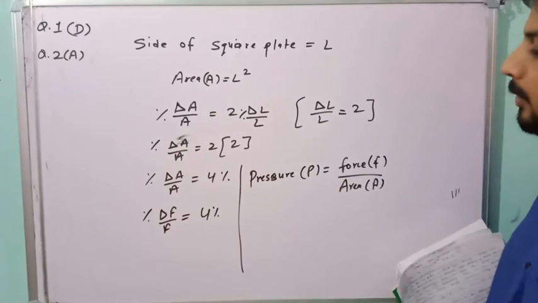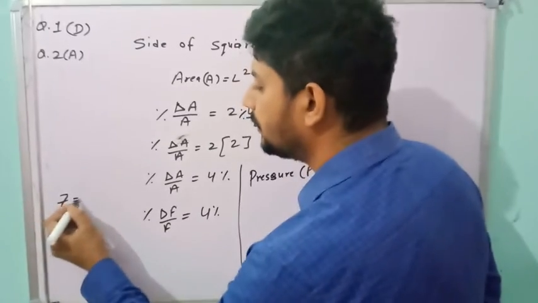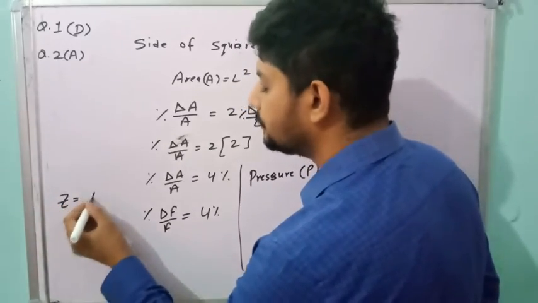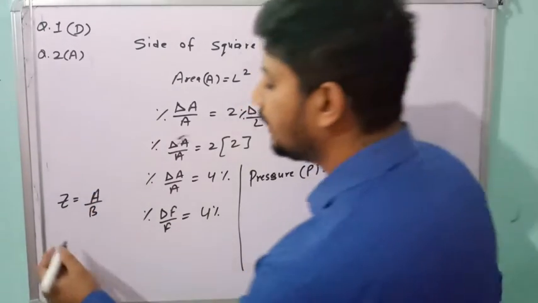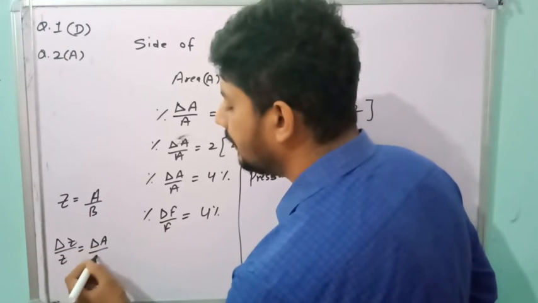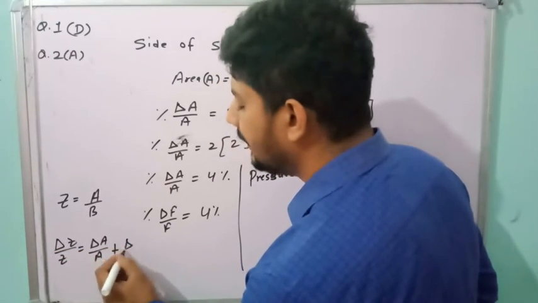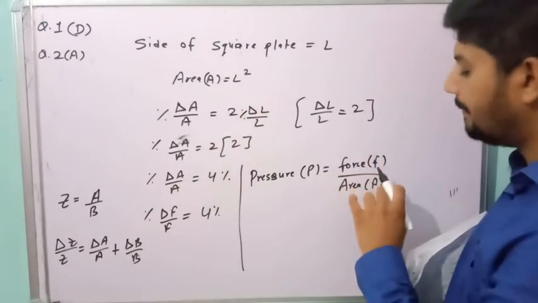Okay. So now you know that if a quantity Z is equal to A divided by B, where A and B are measured quantities, then the relative error in Z is equal to relative error in A plus relative error in B. This is the formula. Similarly, P is equal to F by A is given to you.